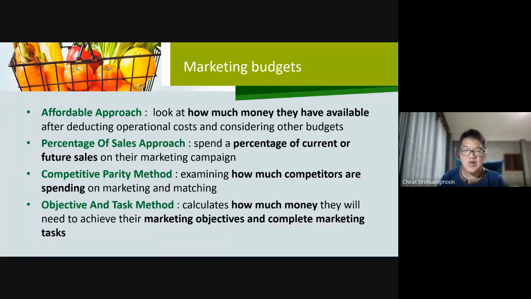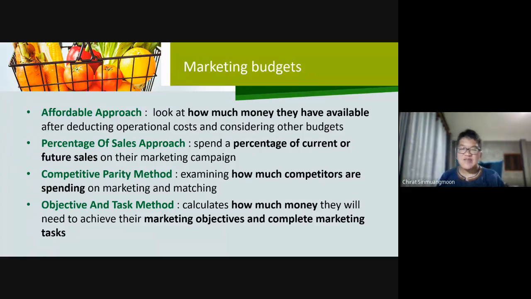Competitive parity method: you compare yourself with the competitors. If you know how much the competitors pay for marketing activities, you're going to pay at least the same level, or equal to them.